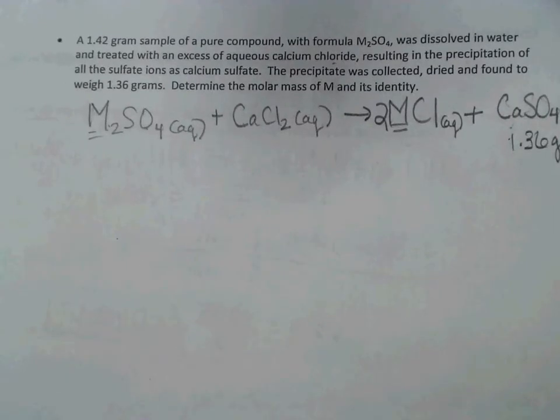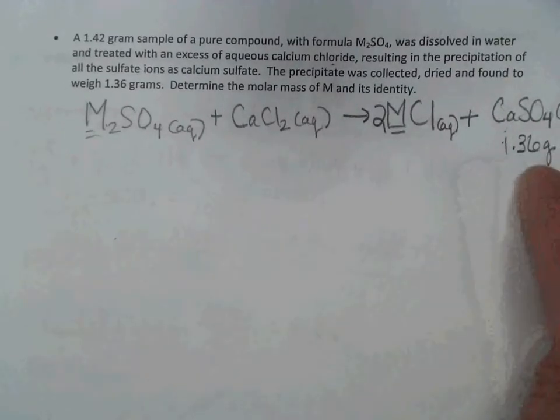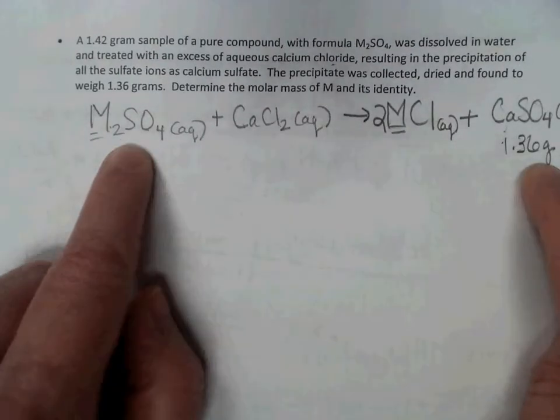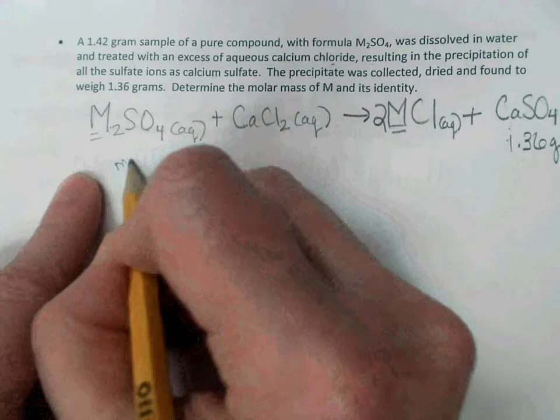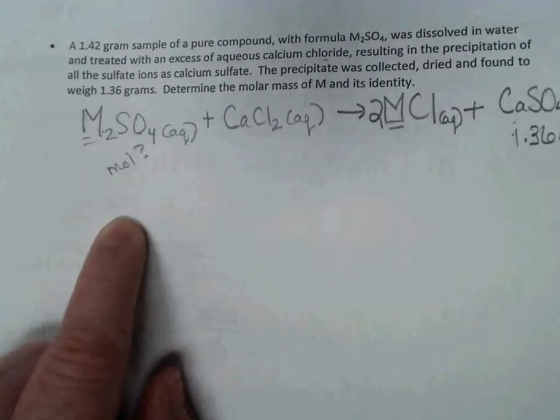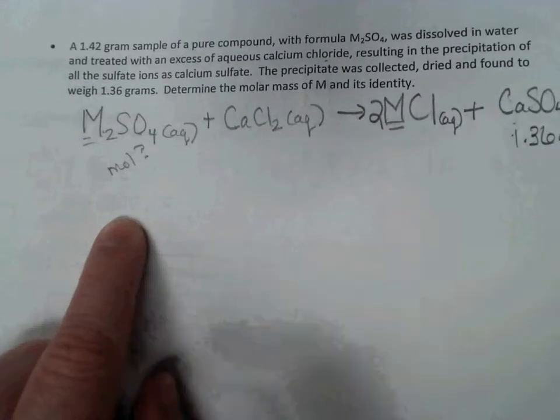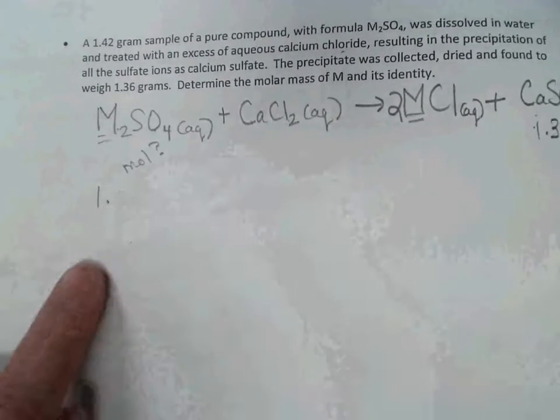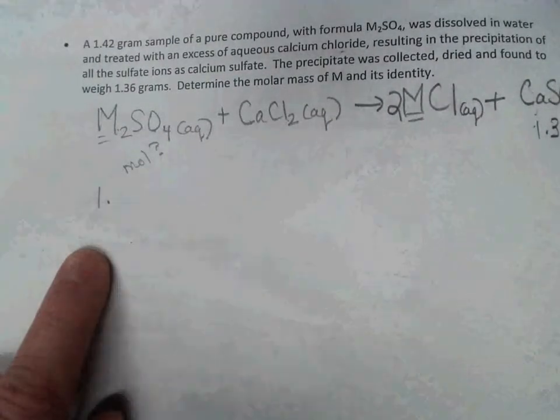So I'm just writing down what I know. Can I get from grams of this to something I need over here? I can get to moles. Do I have to know the molar mass of that to go to moles? I just need that balanced reaction.